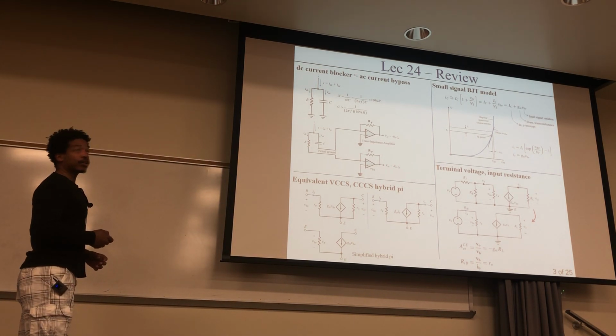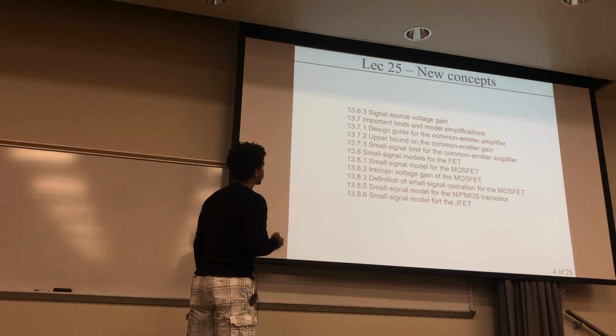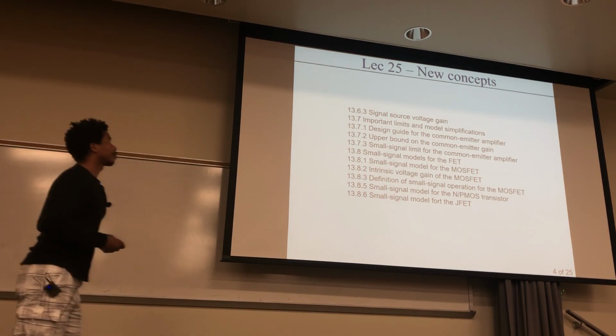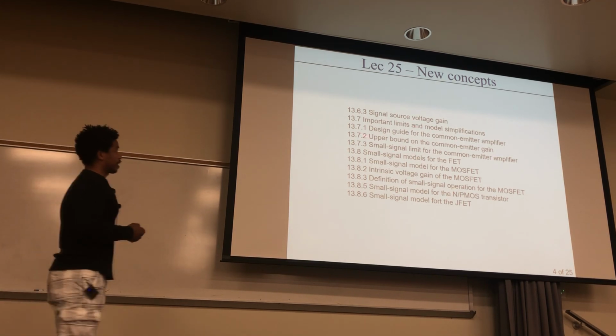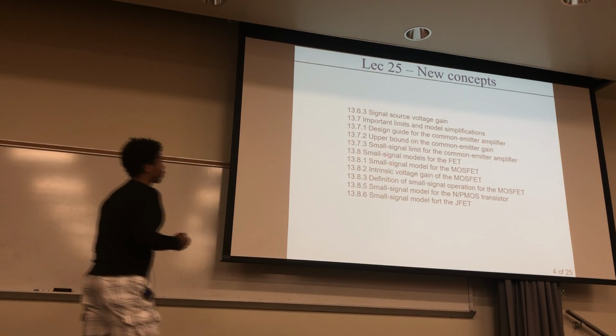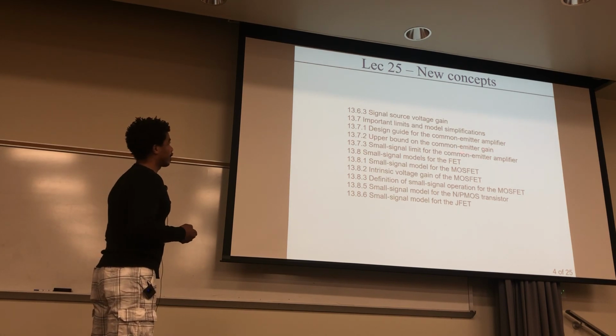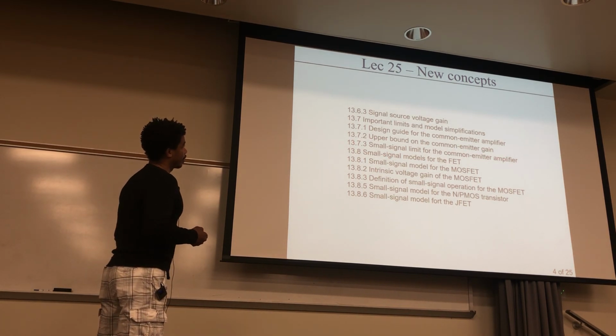Okay. So here are the concepts we're going to cover today, all the subsections. We're going to look at signal source voltage gain and look at the limits and model simplifications. We're going to look at a design guide for the common emitter amplifier. We're going to look at the upper bound of the common emitter gain and small signal limit for the common emitter amplifier.